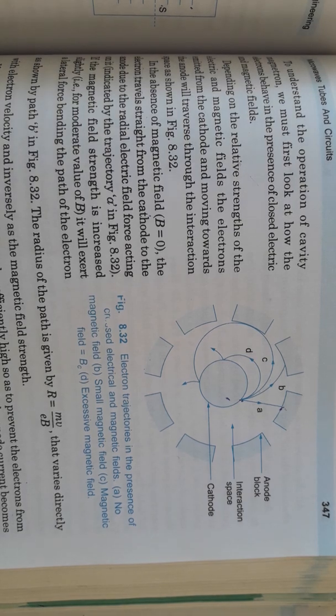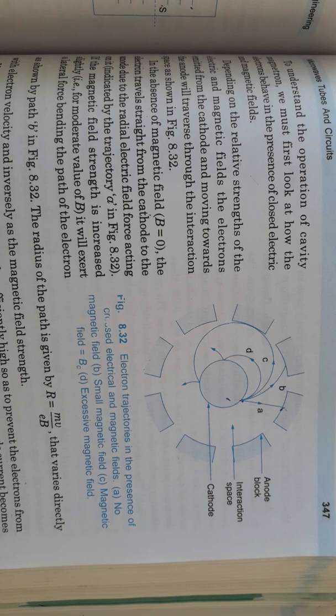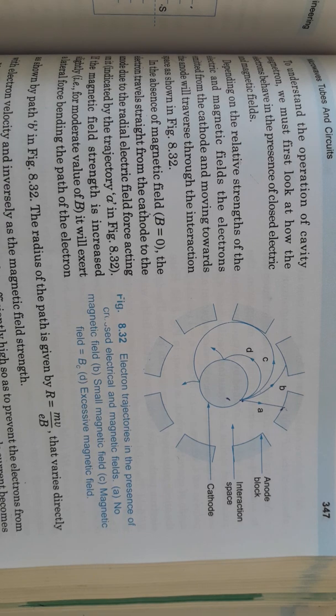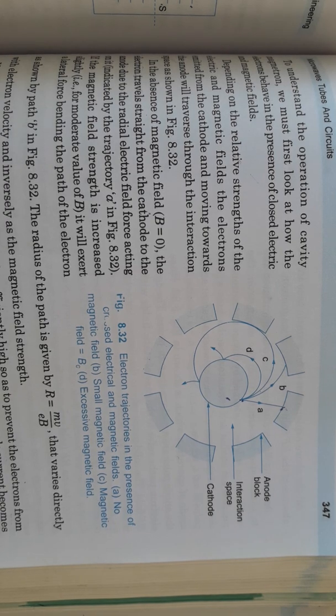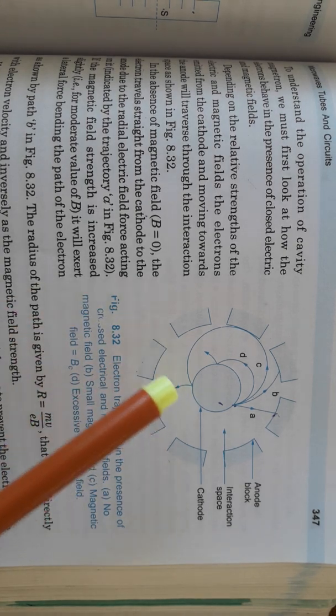All such electrons may cause back heating of the cathode, and this can be avoided by switching off the heater supply after commencement of the oscillation. This is done to avoid a fall in the emitting efficiency of the cathode. So this is the case where we observe the different conditions.